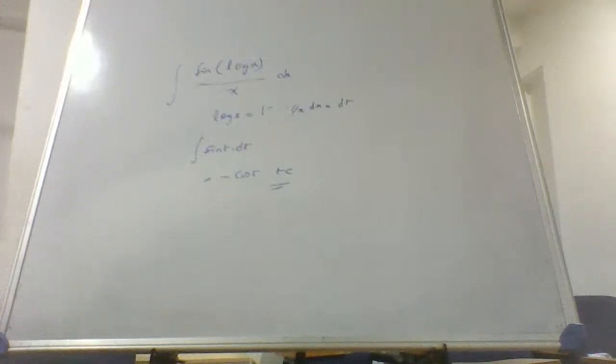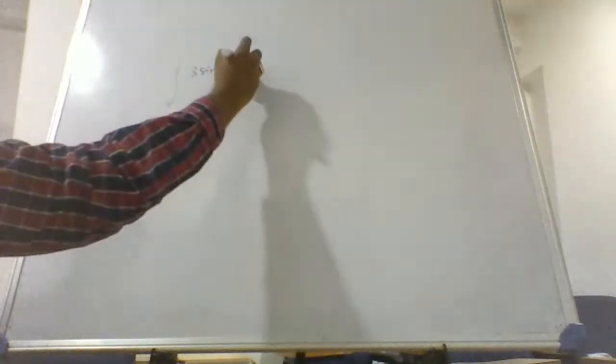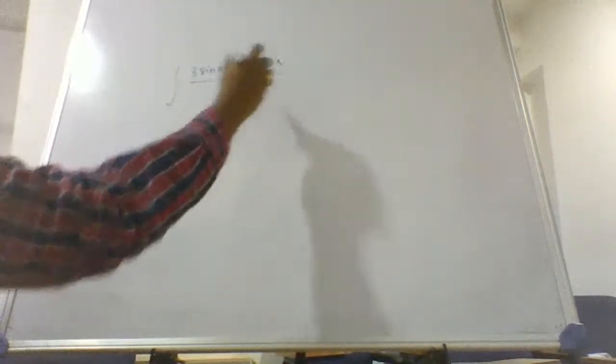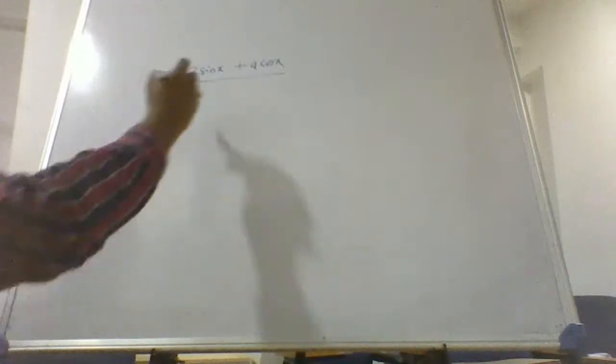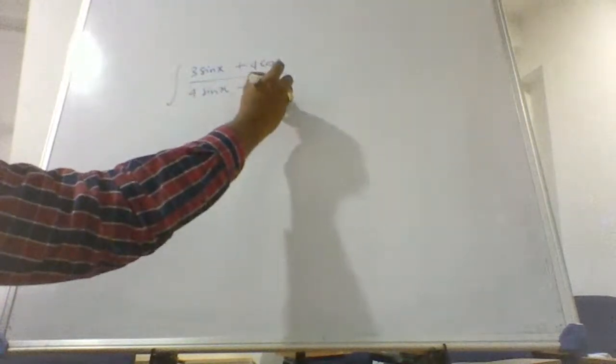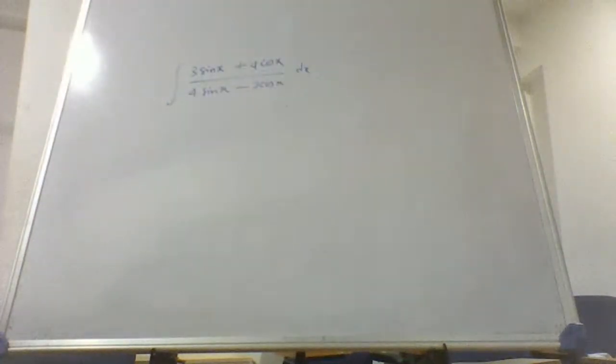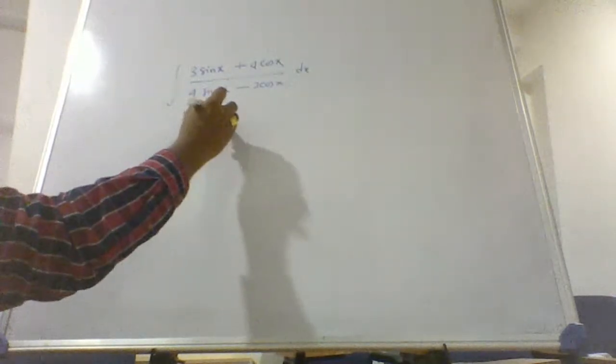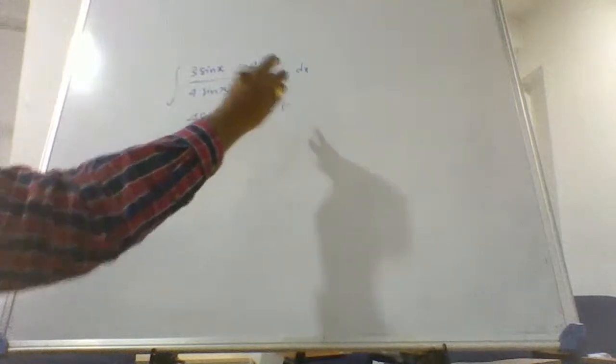Okay. Now let us see the next integral problem. So let us integrate that also. Suppose I have (3 sine x + 4 cos x) divided by (4 sine x - 3 cos x) dx. Now let us consider 4 sine x - 3 cos x as t.